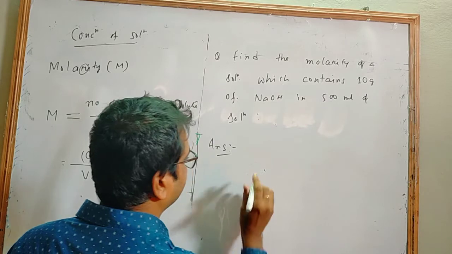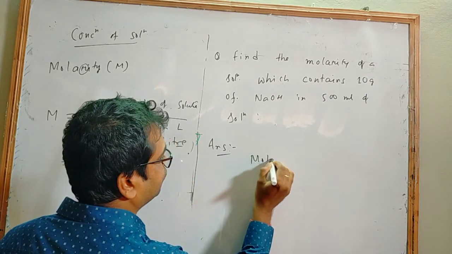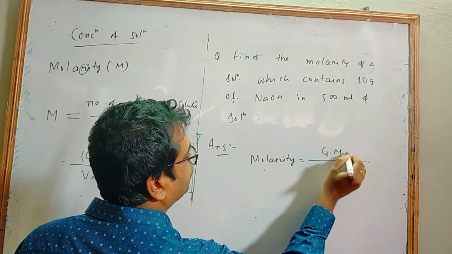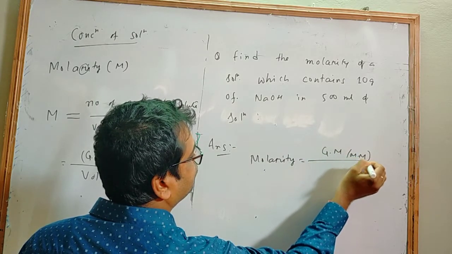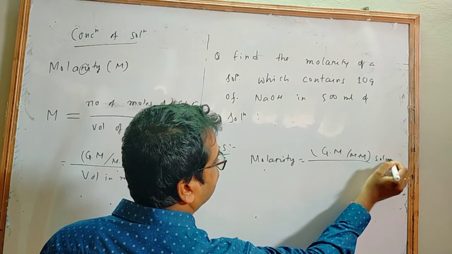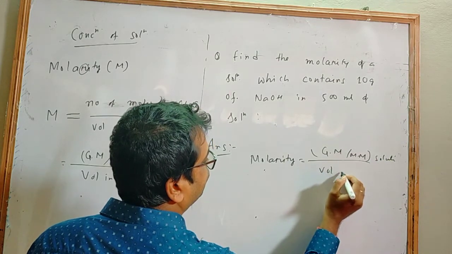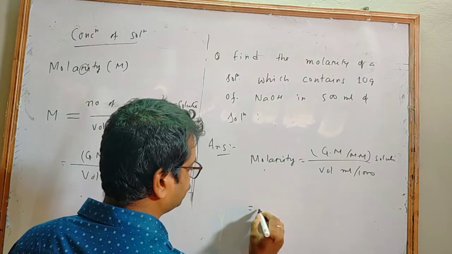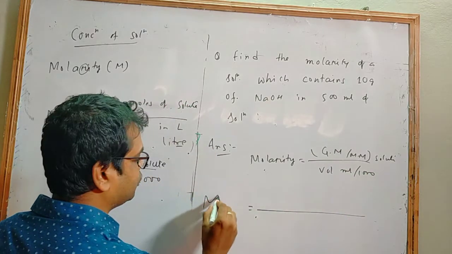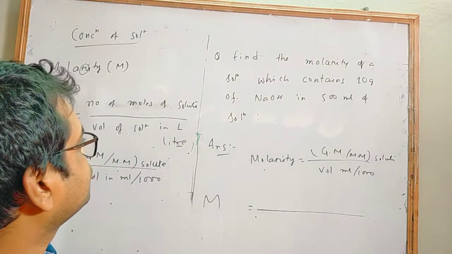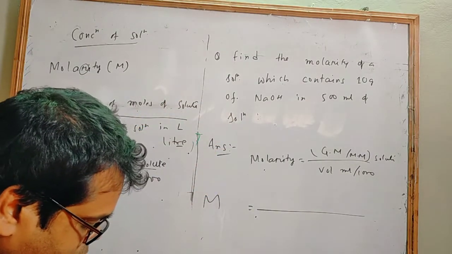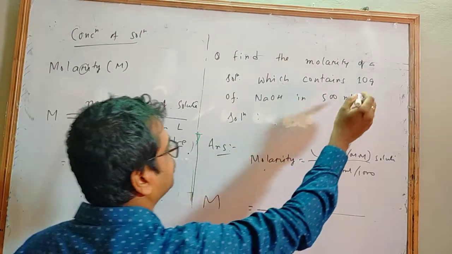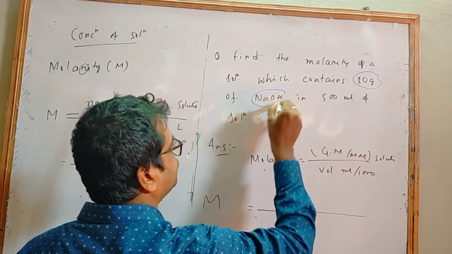So how to find out the molarity? Given mass by molar mass of solute by volume in ml divided by 1000. Now molarity equals given mass of solute, which is 10 grams of NaOH.